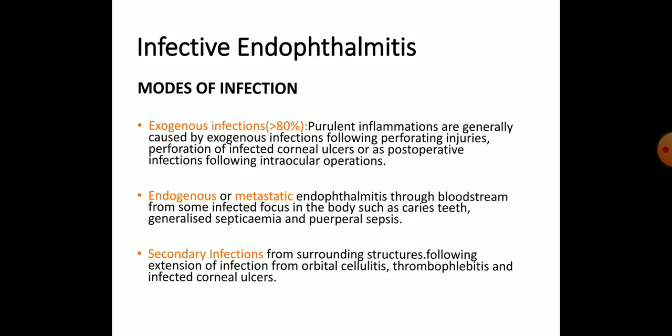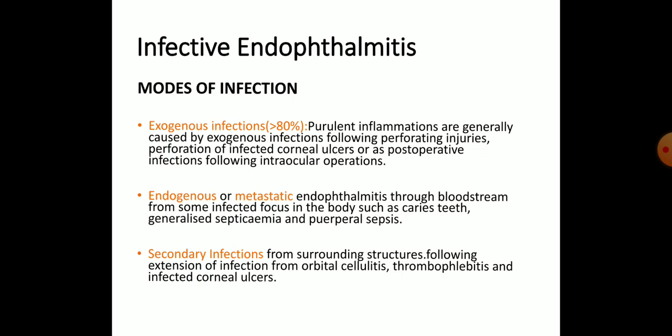Infective endophthalmitis: modes of infection. An infection which has come from outside can be a trauma, a perforating injury, or a corneal ulcer or an abrasion, and an organism has entered through that, an infected corneal ulcer, or some intervention from outside, any operation, previous history of surgery. Endogenous endophthalmitis: endogenous infection means the patient already has infection somewhere else in the body.